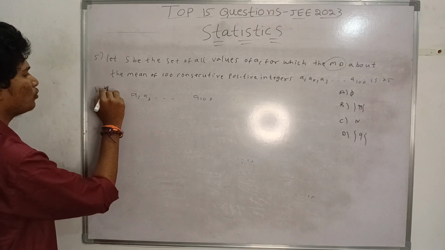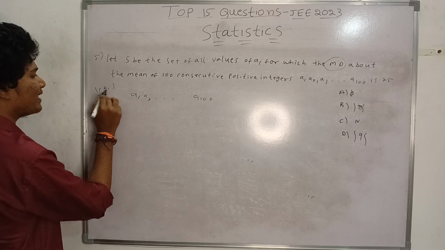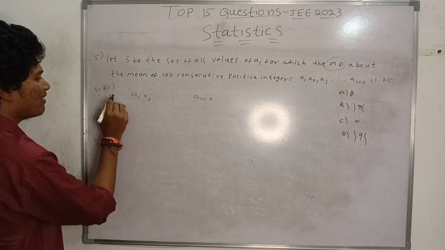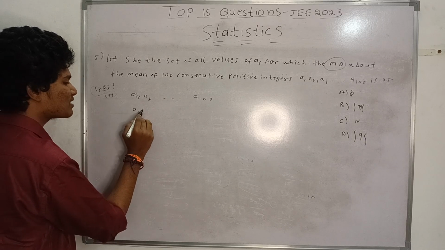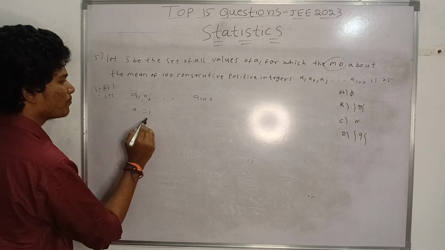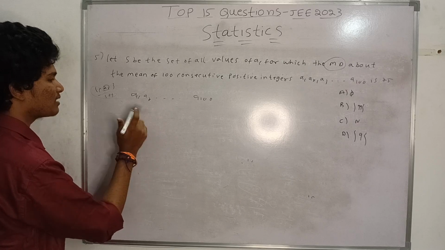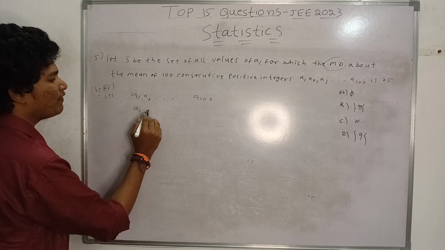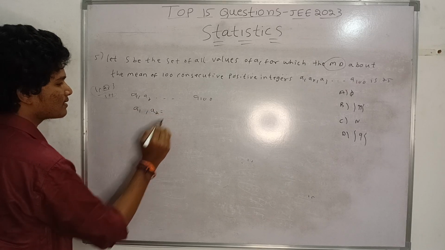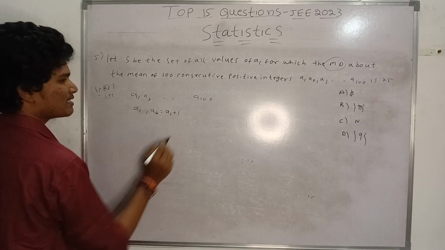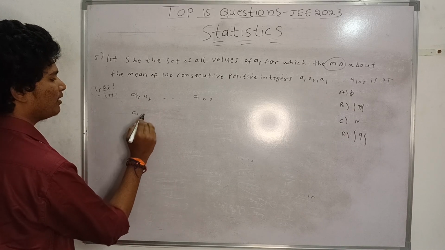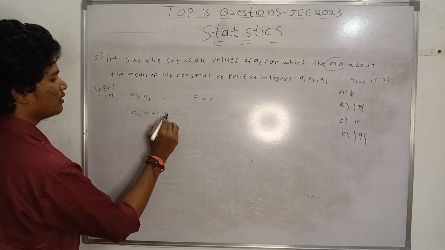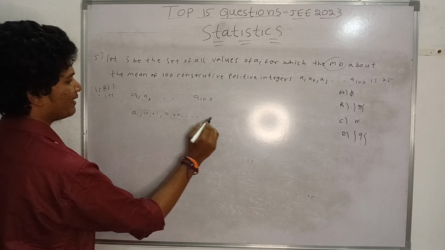Suppose we take 1, 2, 3, these are consecutive numbers because the next term is simply obtained by adding 1. So I can take A1, and we can replace A2 as A1 plus 1. So like this, A1, then A1 plus 1, then A1 plus 2, like this.